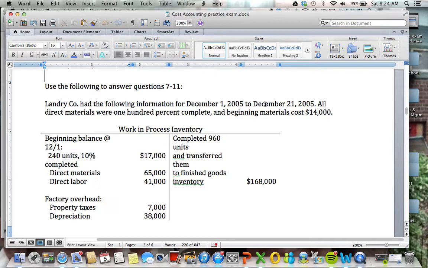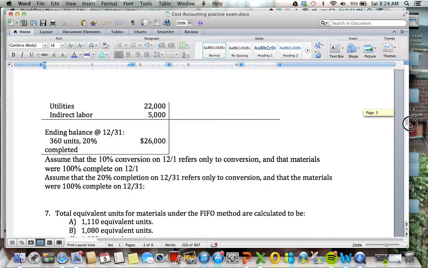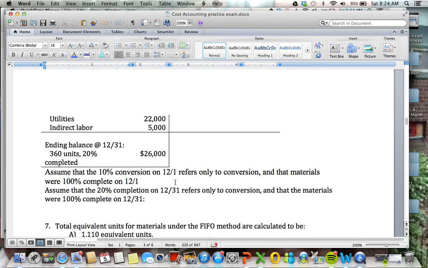When we're working on work in process, the idea is that we first want to see what they have. Is it conversion they're working on? Is it material that we're working on? In this problem, if you scroll down to the bottom, it says to assume that 10% conversion on 12-1 refers only to conversion.